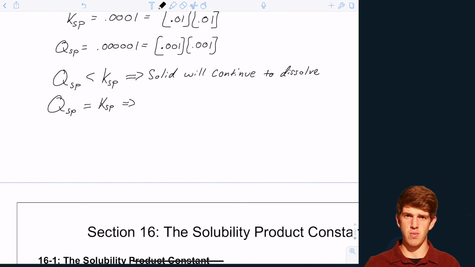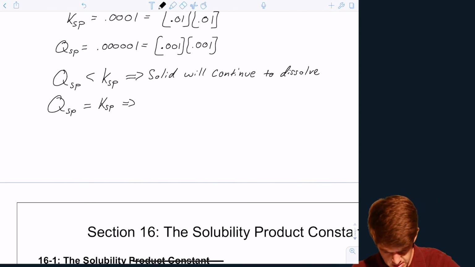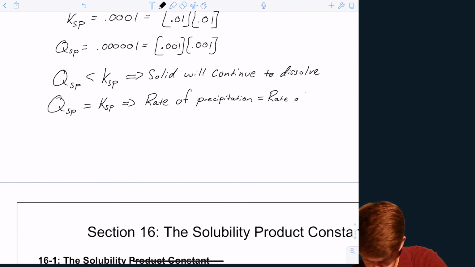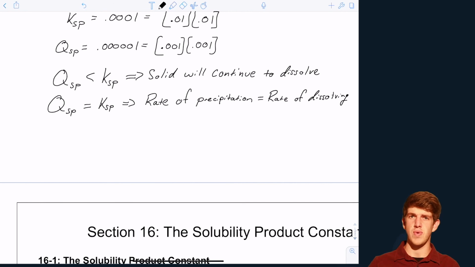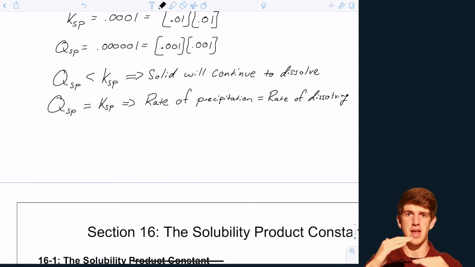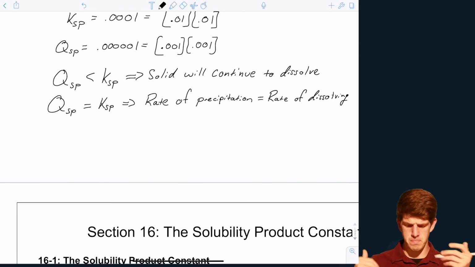It's the exact amount I want for equilibrium. So what's going to happen? My rate of precipitation is going to be equal to my rate of dissolving, or rate of dissociation. That's just because I'm at equilibrium. I'm not trying to change anything now. If I go too high and I have too many dissolved, I'm going to precipitate some out. If I go below and I have too little dissolved, I'm going to dissolve more.